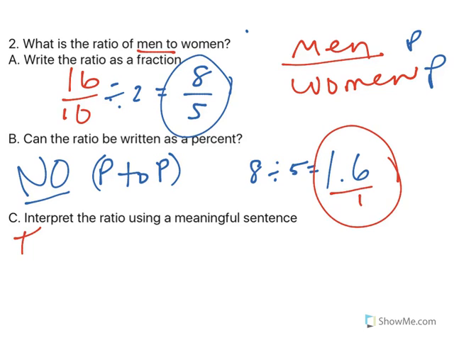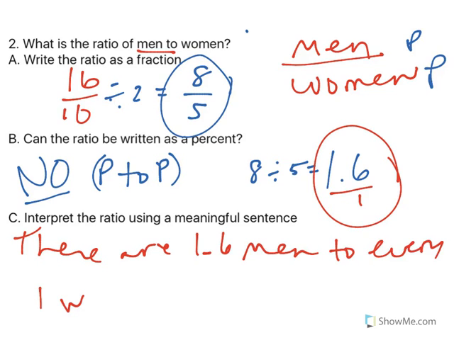So I could say there are 1.6 men to every 1 woman. Because sometimes you don't want to say 8 to 5 or 392 to 747. The fractions sometimes just don't work as nicely. So if you divide, turn it into a decimal, put it over 1, you've got a smaller fraction that sometimes is just a little bit more meaningful.